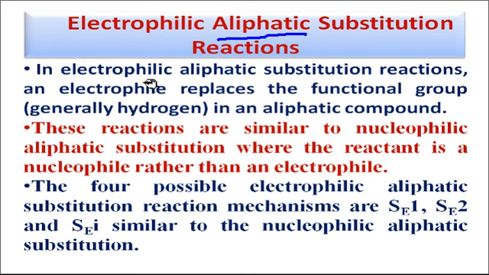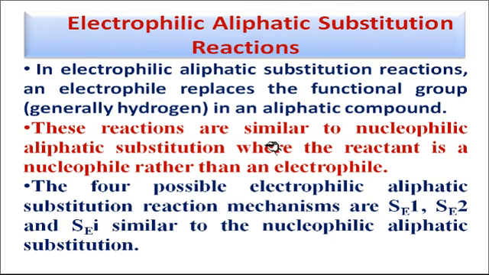In electrophilic aliphatic substitution reactions, an electrophile replaces the functional group, generally the hydrogen, in an aliphatic compound. So in general, in the aliphatic compound, the hydrogen is replaced by the electrophile. These are the electrophilic aliphatic substitution reactions.